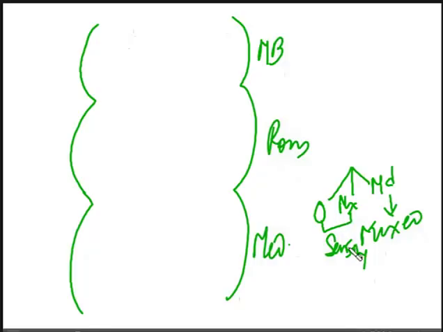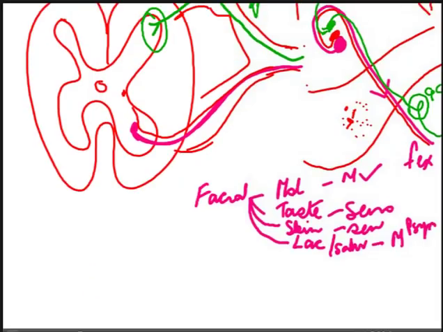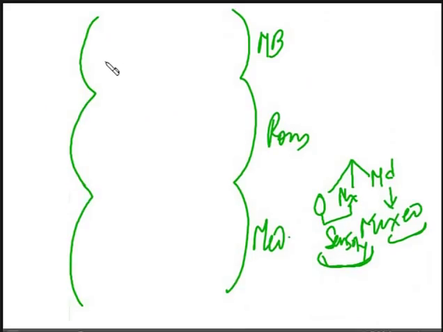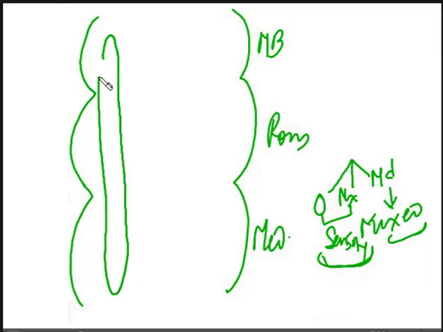So in other words, it should have cells which will receive sensory impulses, and then it should have cells which will give rise to motor impulses. So let's see how that happens. So we have a sensory nucleus which, instead of being in one spot like we had in the facial, like here we had the sensory nucleus which was only in one spot, in the case of the trigeminal, that sensory nucleus is actually extending all the way down in the brainstem.